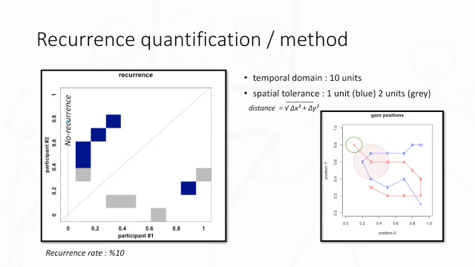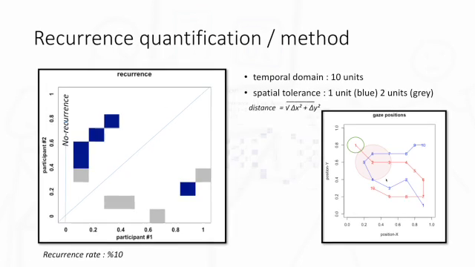We can clearly see that the first participant looks at the position at first, and then 2 time steps later, the gaze point of participant 2 gets closer by 2 units, stays within the distance of 1 for another time step, and exits the recurrence distance. We calculated the rate of recurrence at 10% for this graph.